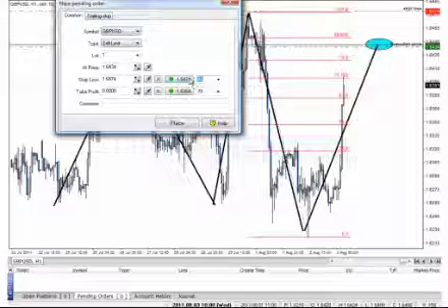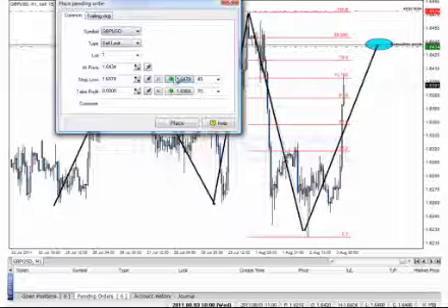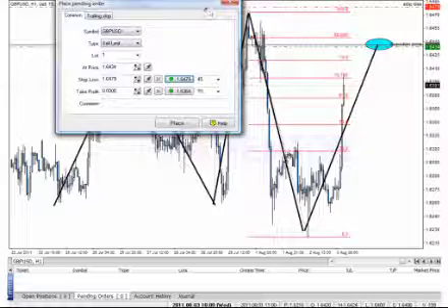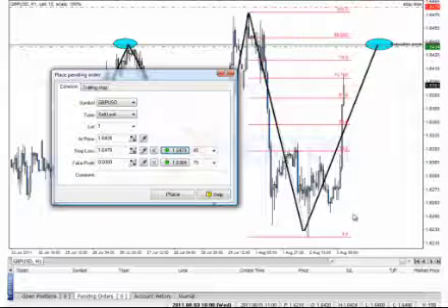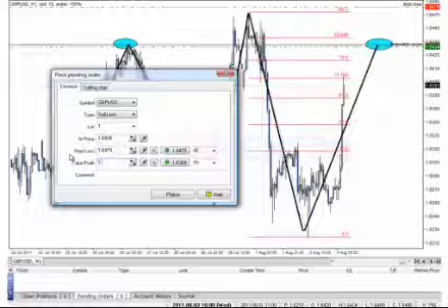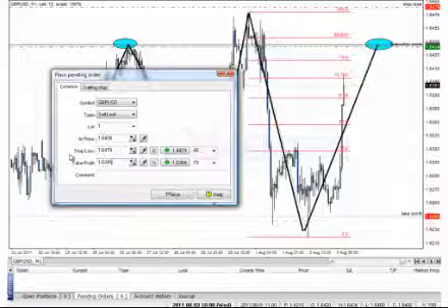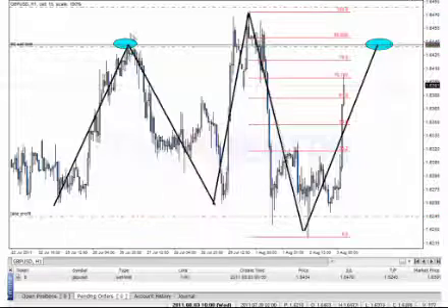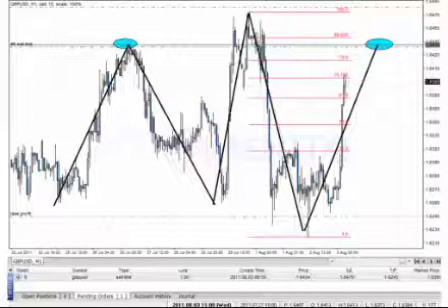Actually, let's make it 45. I just want to put the order just a few pips below that actual area, and the target I'm going to go down towards a sort of 62.45 area. And place it. So let's see what happens.